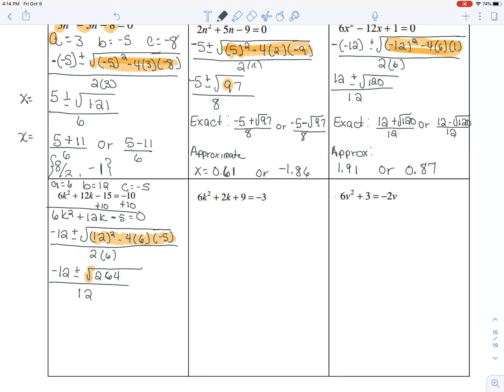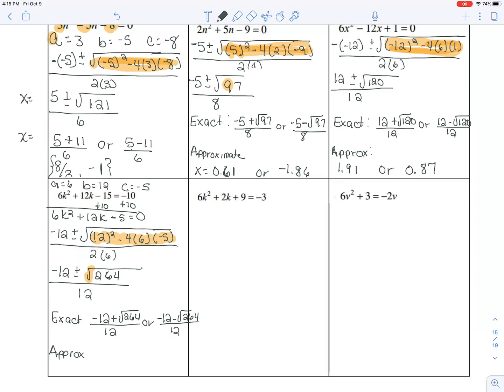Okay? So once again, our exact answer is negative 12 plus the square root of 264 over 12, or negative 12 minus the square root of 264 over 12. And of course, we can also get an approximate answer by actually finding what that square root is.